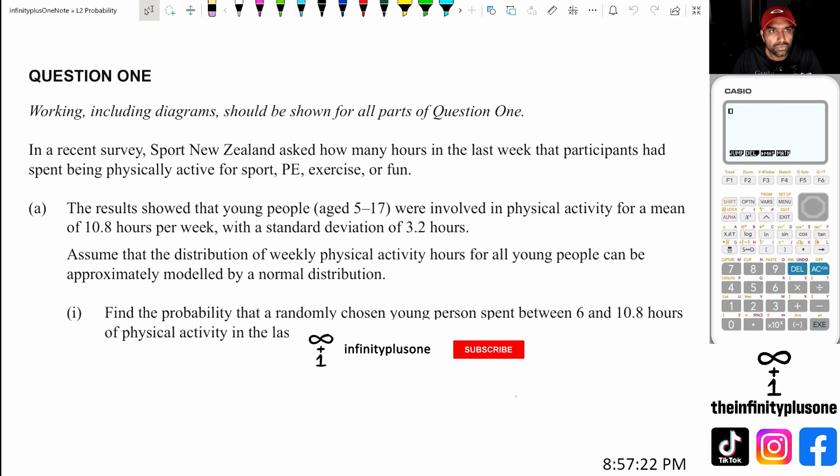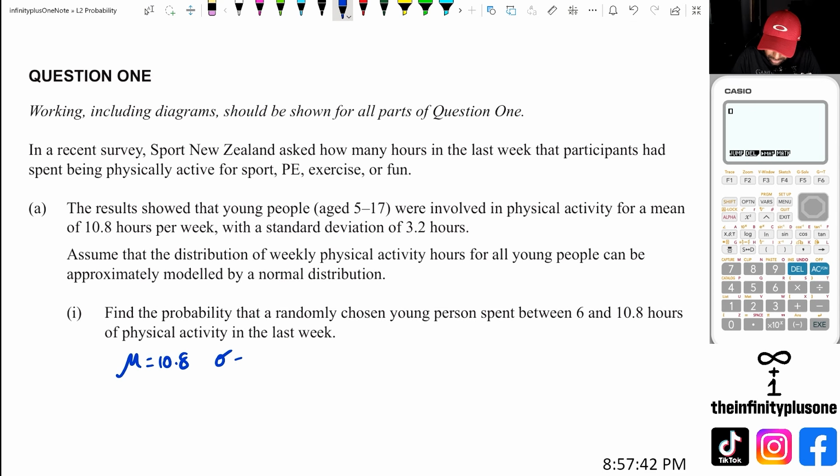Alright folks, for question 1, working including diagram should be shown for all parts of question 1. Looking at question 1a, we've got a normal distribution with a mean of 10.8 and standard deviation of 3.2.